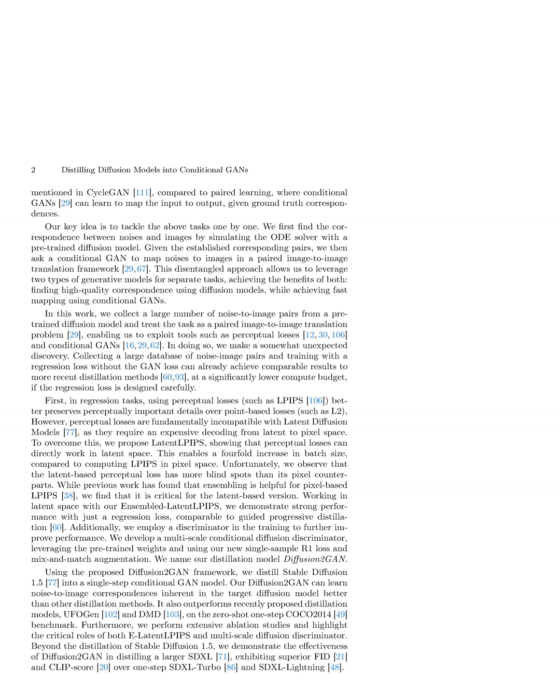This disentangled approach allows for the benefits of both generative models: high-quality correspondence using diffusion models, and fast mapping using conditional GANs. The algorithm collects a large number of noise-to-image pairs from the pre-trained diffusion model and treats the task as a paired image-to-image translation problem.